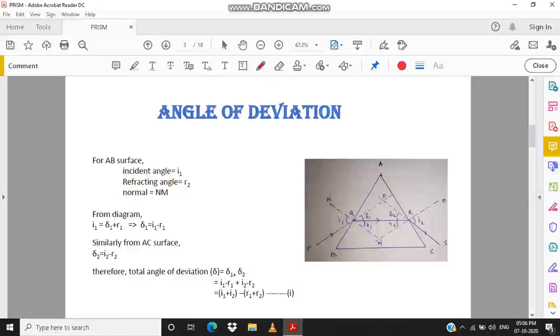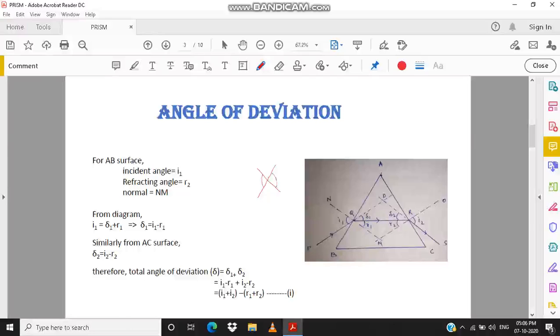For the AB surface, the first surface, the incident angle is I1. The angle of refraction is R1. From the diagram we can see that the normal is NM. From the diagram, using the vertically opposite angle, I1 is equal to del 1 plus R1.